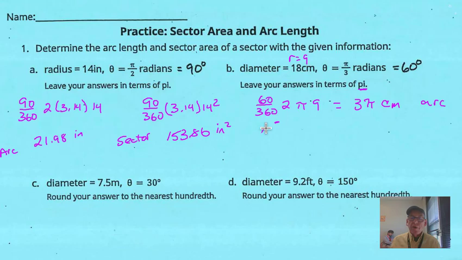Do the same thing for area. We have 60 over 360 times pi r squared. And r again is 9. It gives us 81 when we square it. So 60 times 81 divided by 360 gives us 13.5 pi.